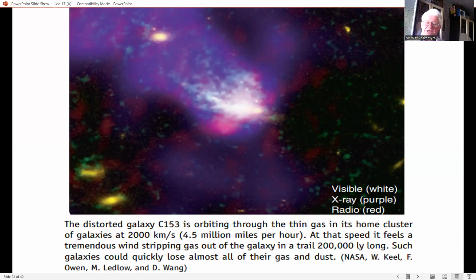Some dwarf ellipticals may have formed from small clouds of gas that were never incorporated in a larger galaxy. But other dwarf ellipticals, along with the irregular galaxies, may be small, scrambled fragments ripped from the larger galaxies during collision.